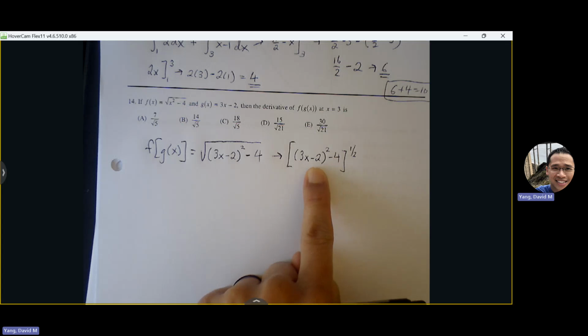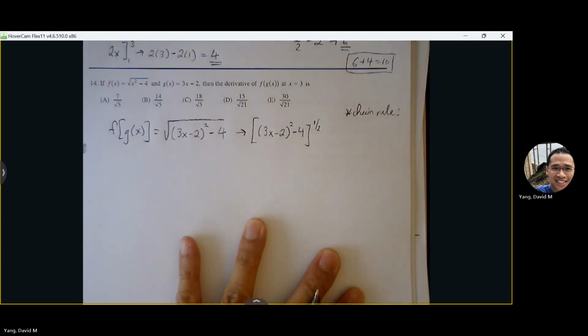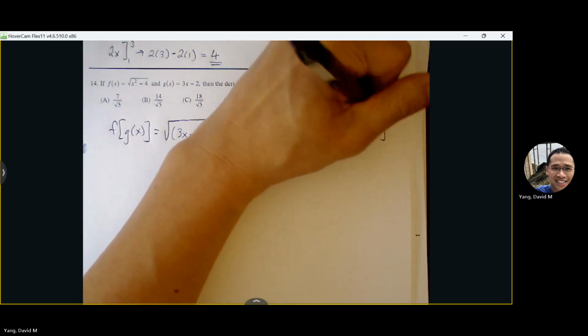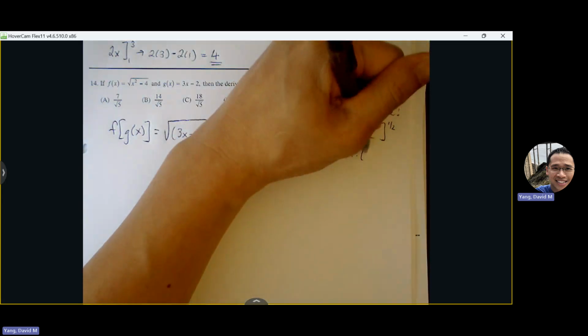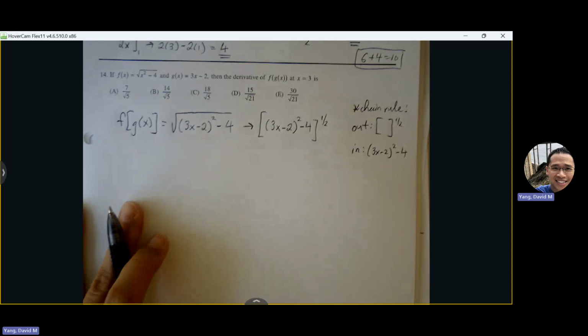So chain rule. Outside is that bracket to the 1/2. And the inside is also a nested chain rule here, but I'll take care of that next.